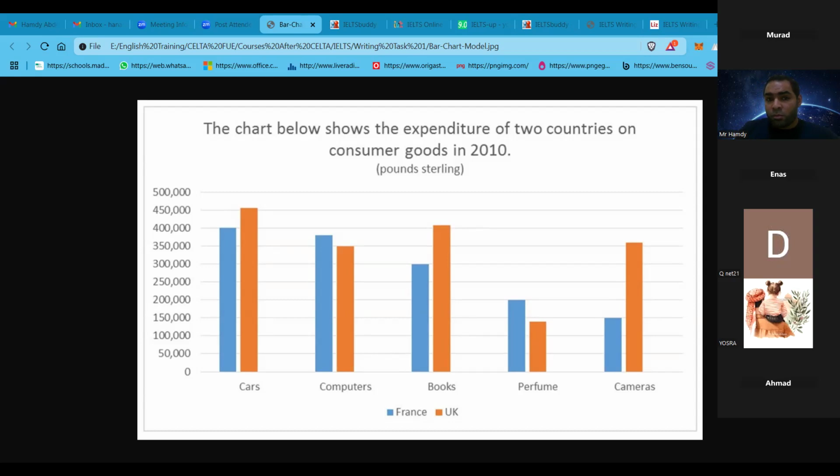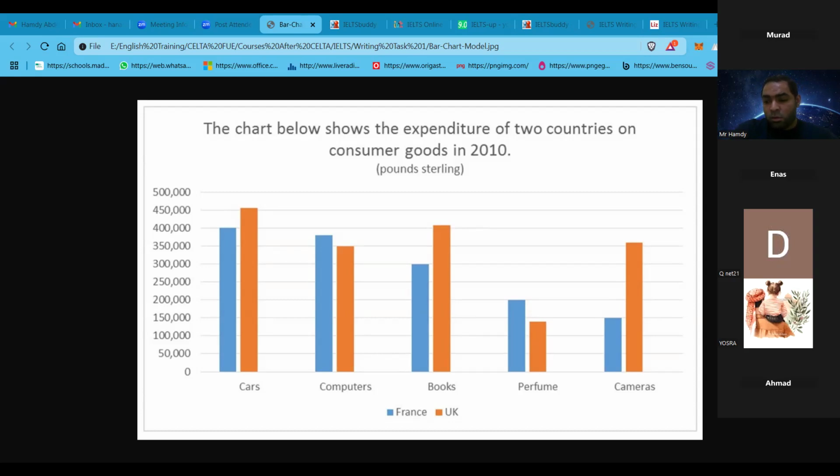I noticed that the highest expenses in the UK and France go to cars, with about 400,000. And the lowest goes to cameras.